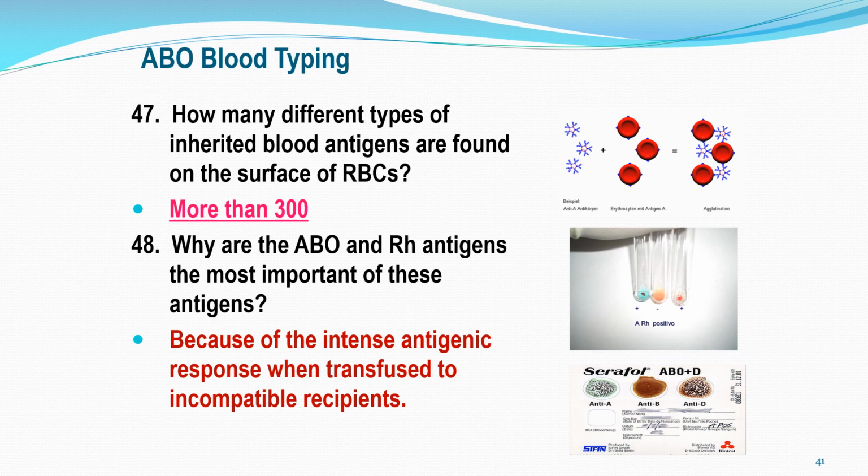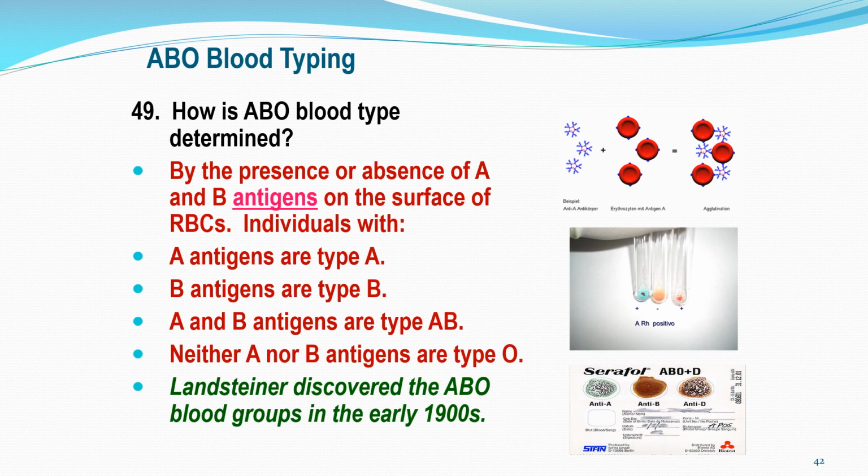Because of their intense antigenic response when transfused to incompatible recipients. The stronger the reaction, the more important they are. And ABO and RH antigens have the strongest reactions, which means if you got incompatible ABO blood, you would have a much greater reaction, which could cause kidney failure or death.